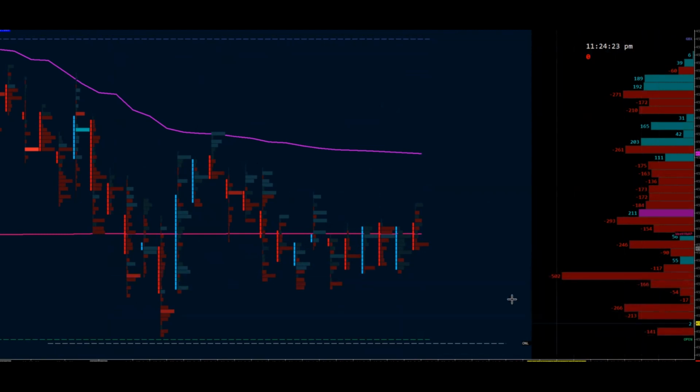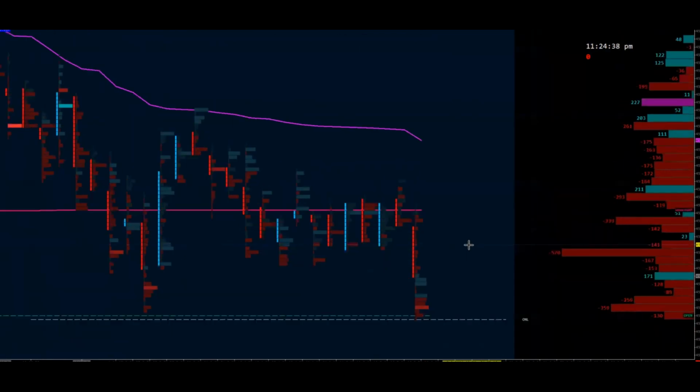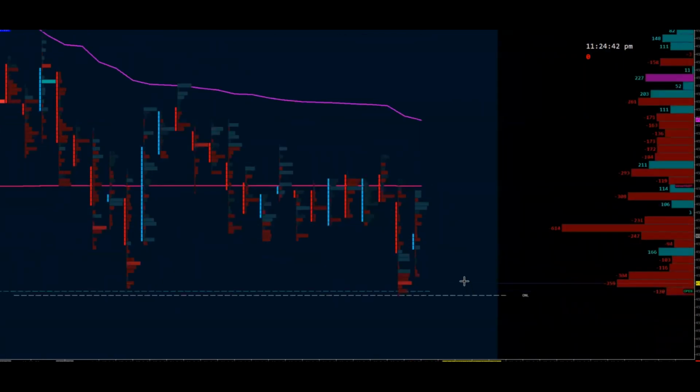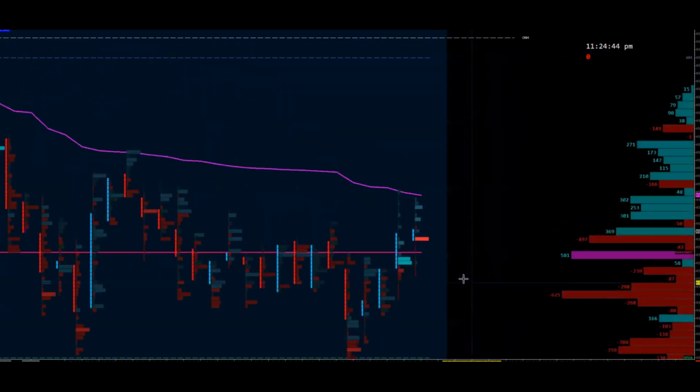We've got over 1,000 more sellers down here than buyers, and price is not below them. So it's not progressing in their favor. If price were to push above them, it's going to be pushing them out of position. They're going to be covering their position. And so if we look at this here, it pushes down in and creates more sellers. It stays in that distribution.